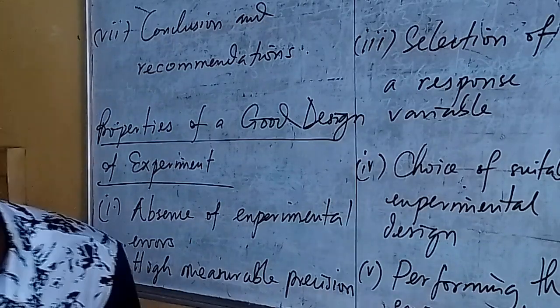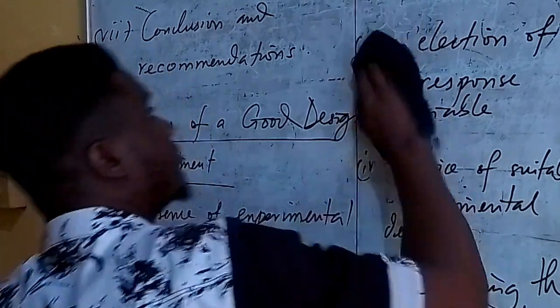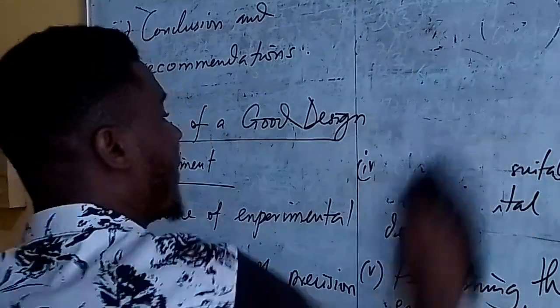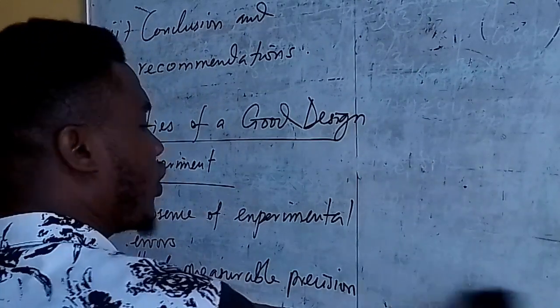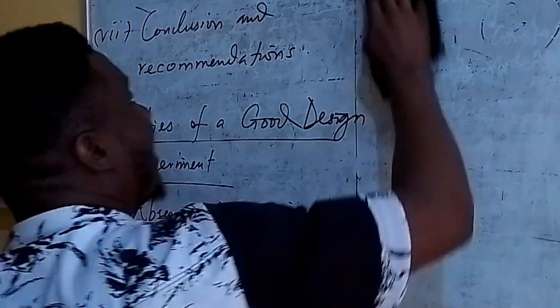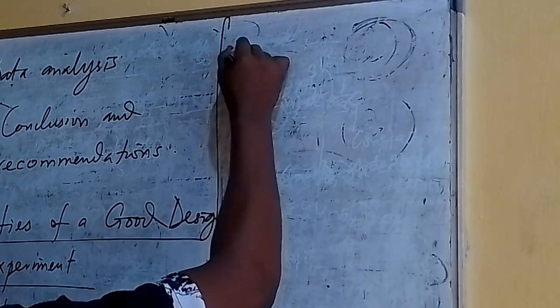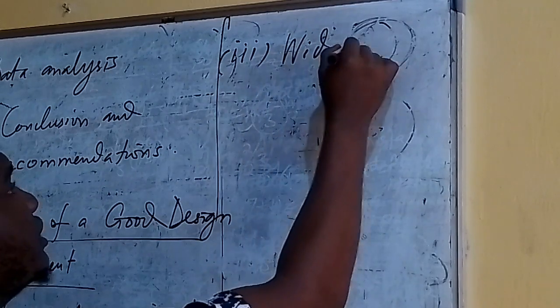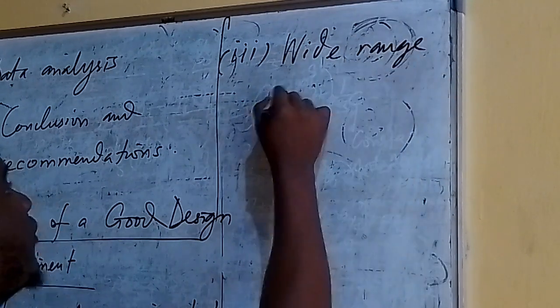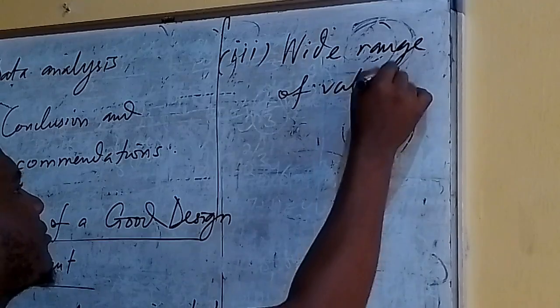Number 3, a good experimental design must have wide range of validity. So number 3, we say it must have wide range of validity.